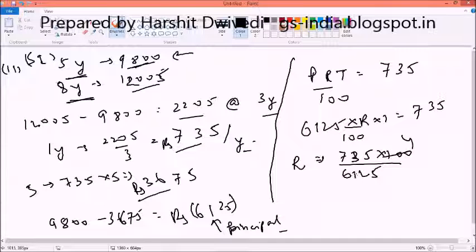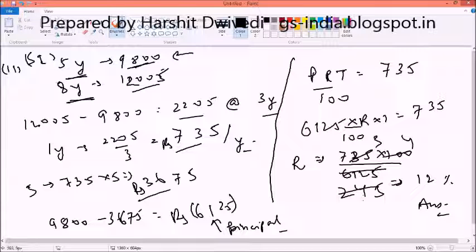After cancelling, the answer is 12%. This is the rate being asked, so the rate of interest per annum is 12%.